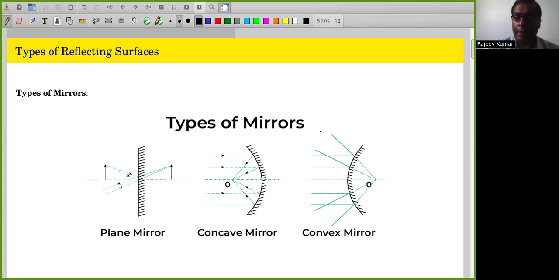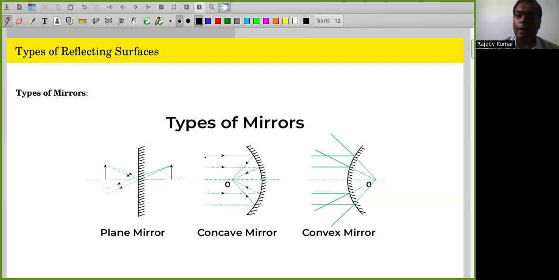Concave and convex mirrors have converging and diverging properties respectively. Here, if an object is placed in front of a plane mirror, then the image formed is equidistant from the mirror. The size of the image is the same as the size of the object.